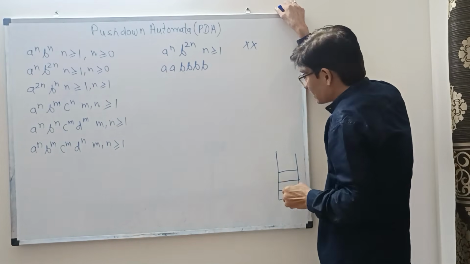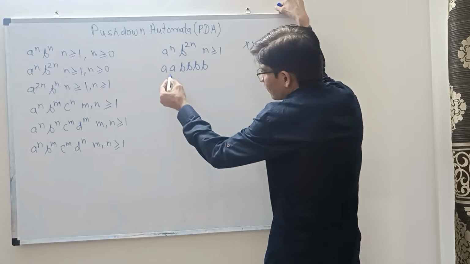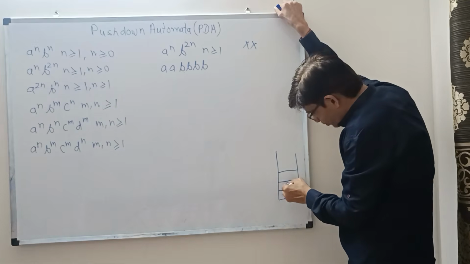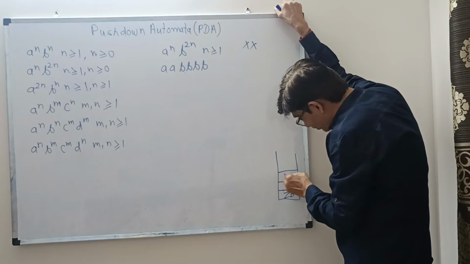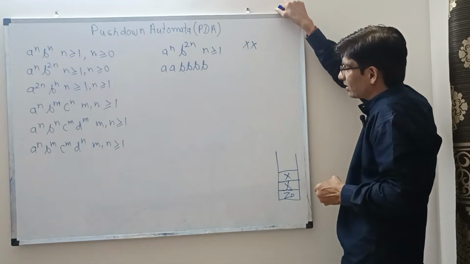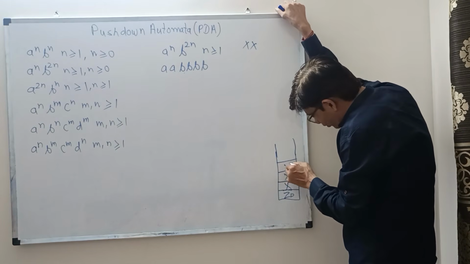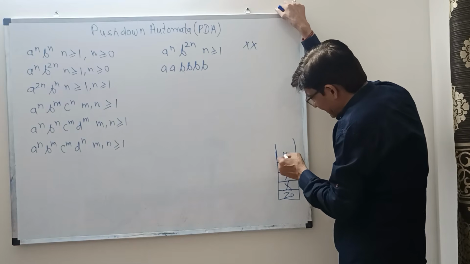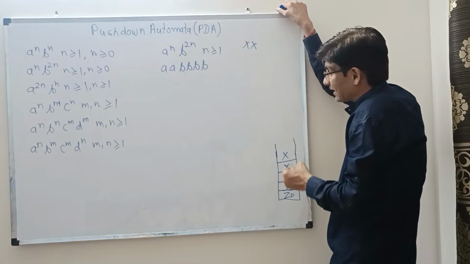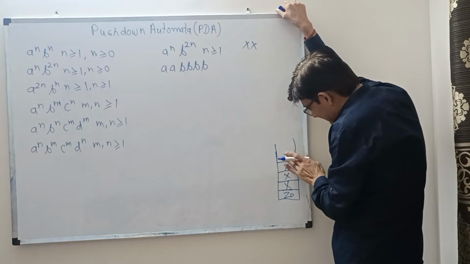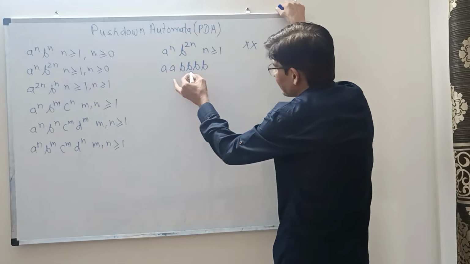So my idea is that whenever we read A, we push 2x into the stack, and for each B, we pop 1x from the stack. You can see how it works. We will read the first A here, so we will push 2x into the stack, and then we will read the second A. We will push two more x into the stack, and then we will read the first B. So we will pop this x from the stack, and then we will read the second B.